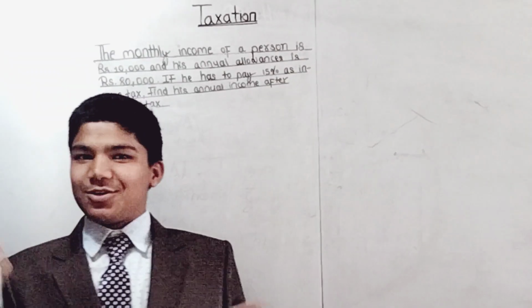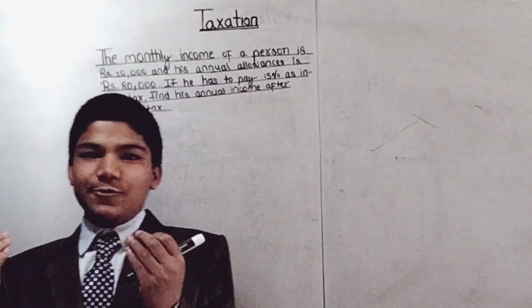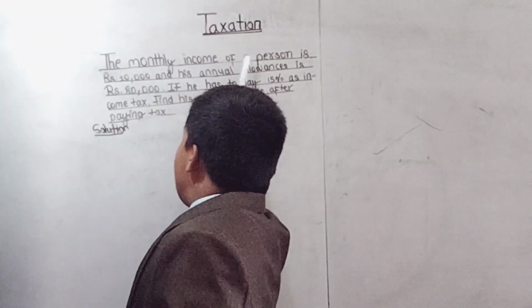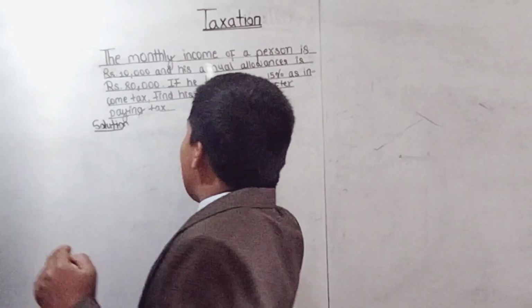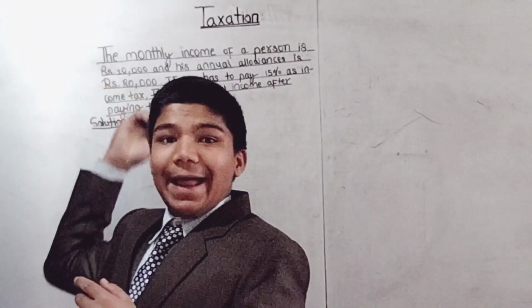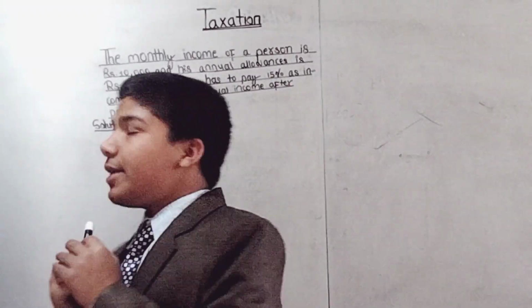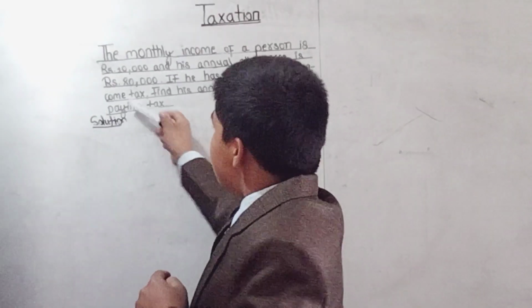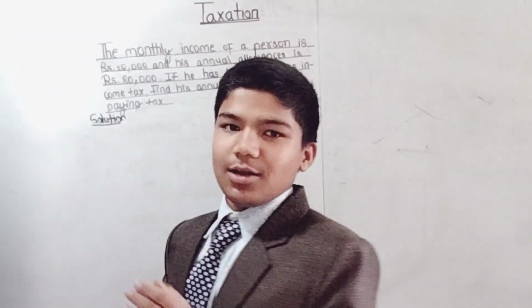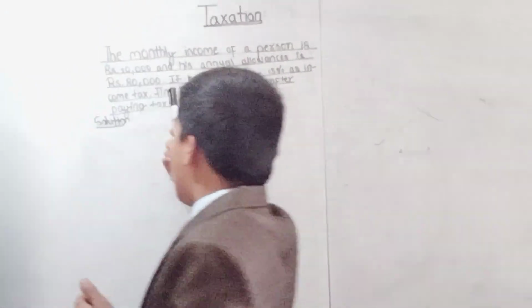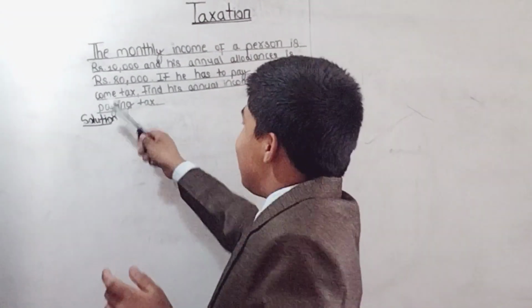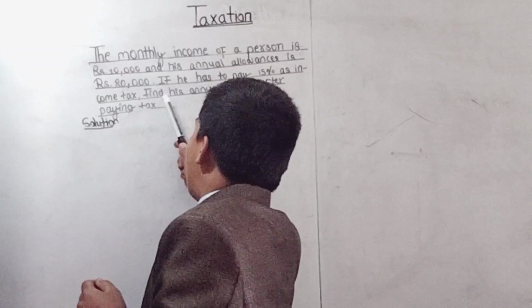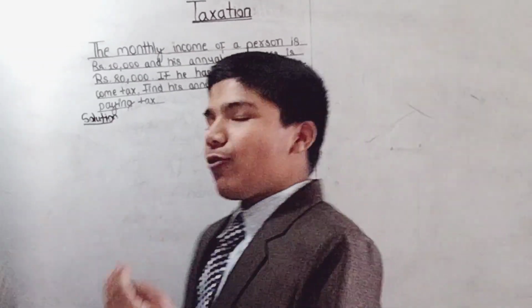So let's move to some problems related to taxation. Now let's solve this question. Here we have a question in which it is told that the monthly income of a person is rupees 10,000 and his annual allowance, here annual means yearly, is rupees 80,000, and if he has to pay 15% as income tax, find his annual income after paying tax.